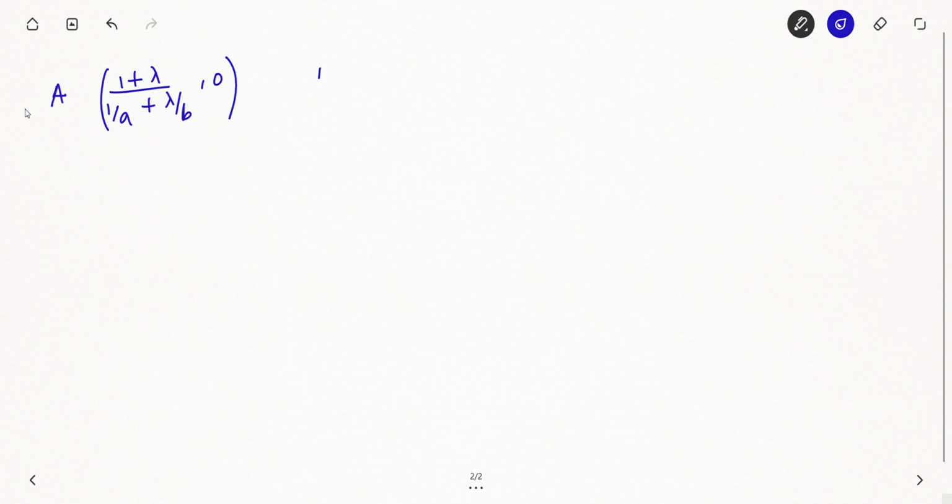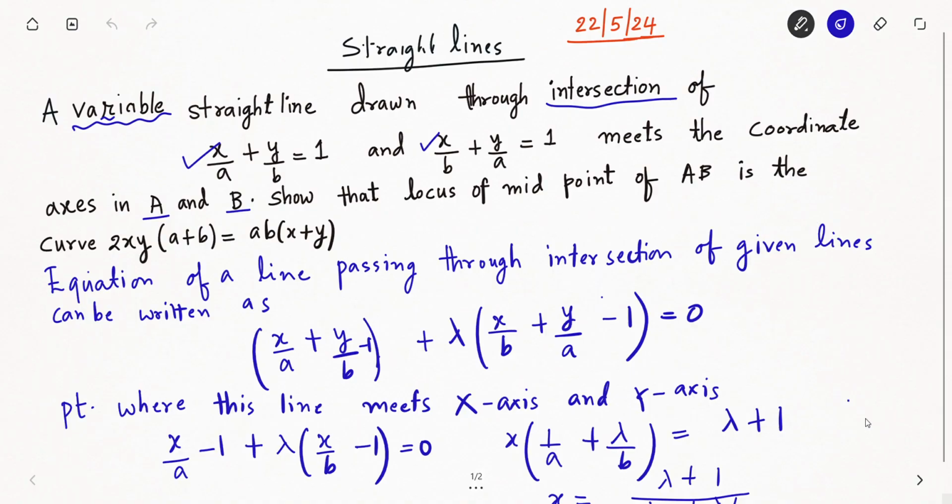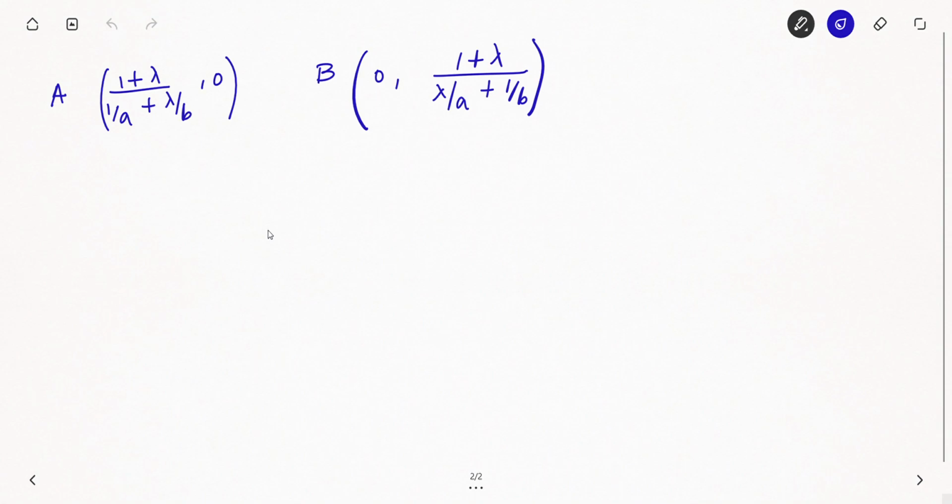On similar lines, we can write the point B as 0 comma 1 plus lambda upon a plus 1 upon b. This is the point where it meets the y-axis. Now we need to find the locus of the midpoint of AB.